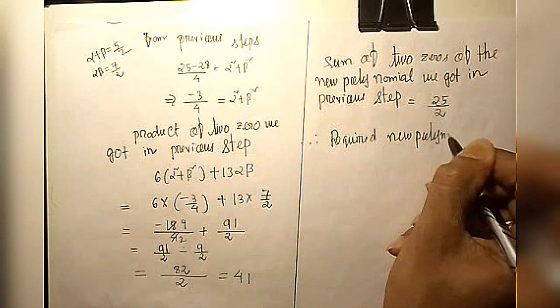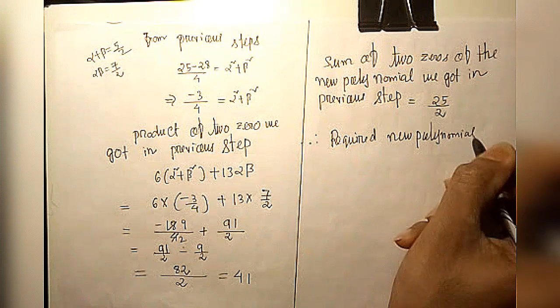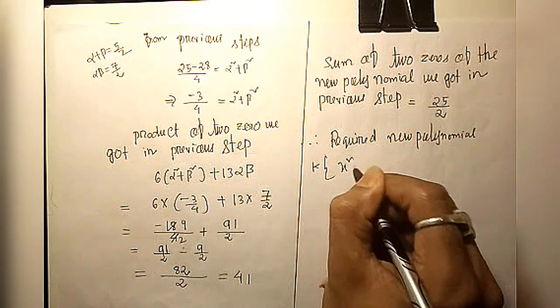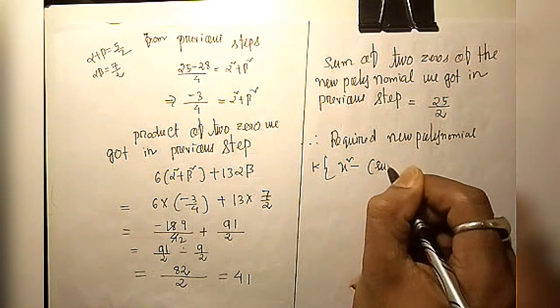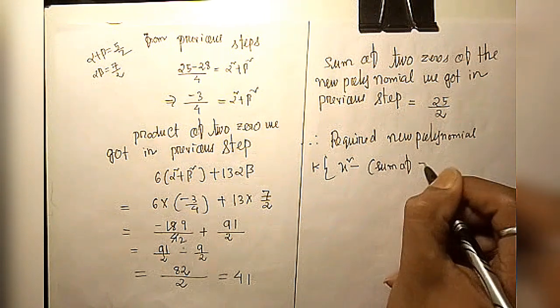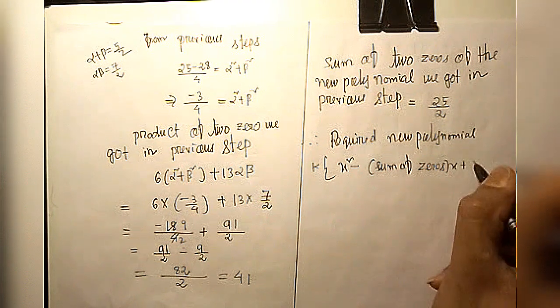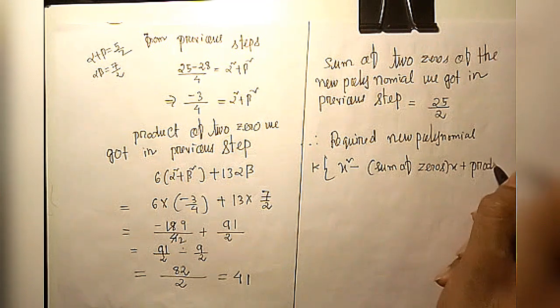Therefore the required new polynomial is k times x square minus sum of the zeros into x plus product of the zeros.